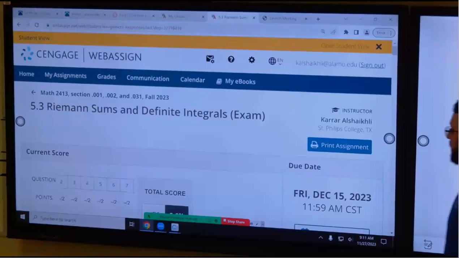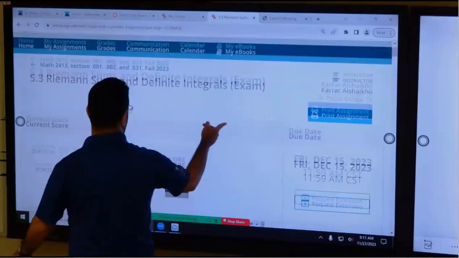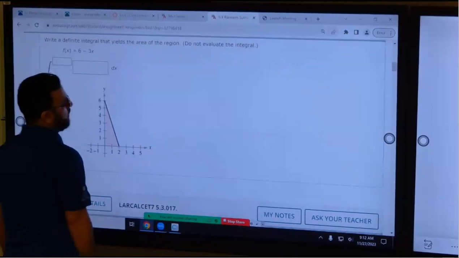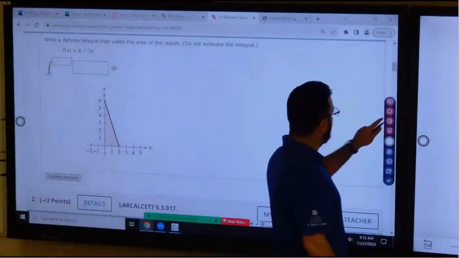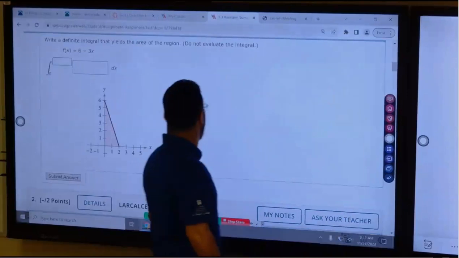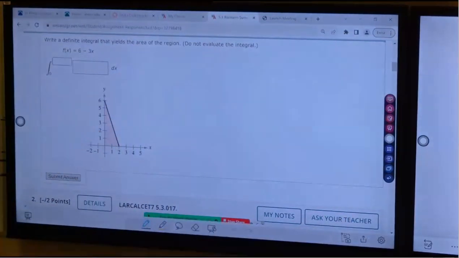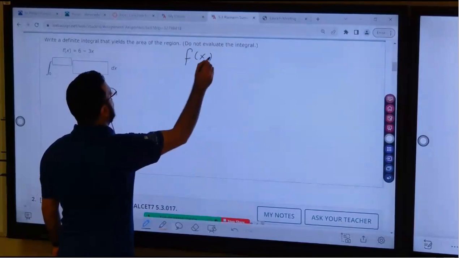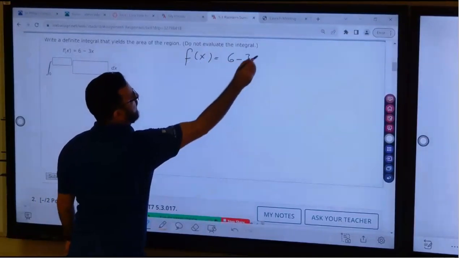We're going to set up the integral. So look at this example. They give you already the graph, and they ask you to set up the integral. First of all, the function is f of x equals 6 minus 3x.